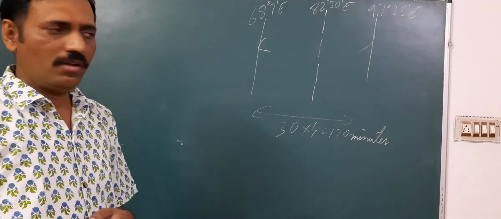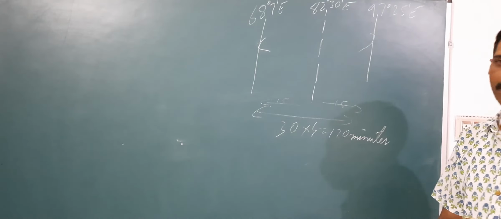There is a difference of around 15 on this side and 15 on this side, so this line is nearly in the center. It passes through Mirzapur in Allahabad. Now Allahabad is Prayagraj, Uttar Pradesh. We have adopted this as the standard meridian because it passes through the center. So whatever the time is here, the whole country will follow the same time. Clear? So this is the concept of a standard meridian.